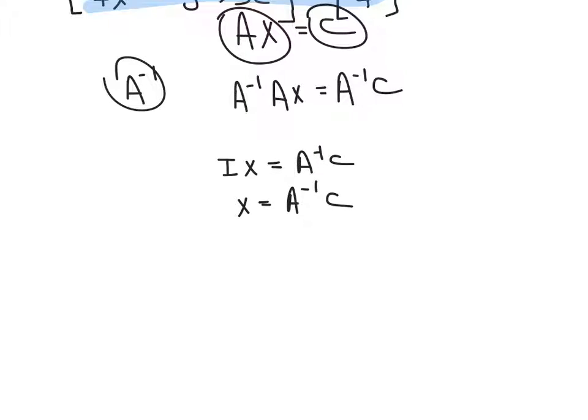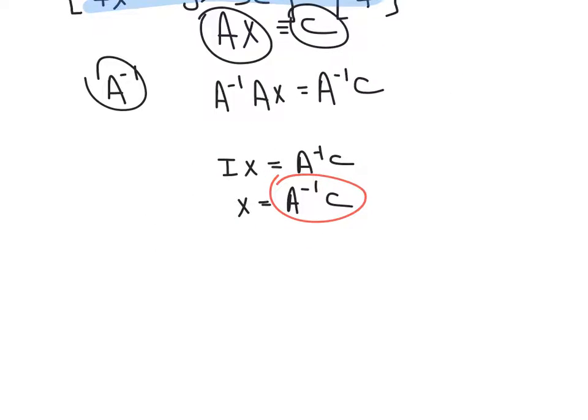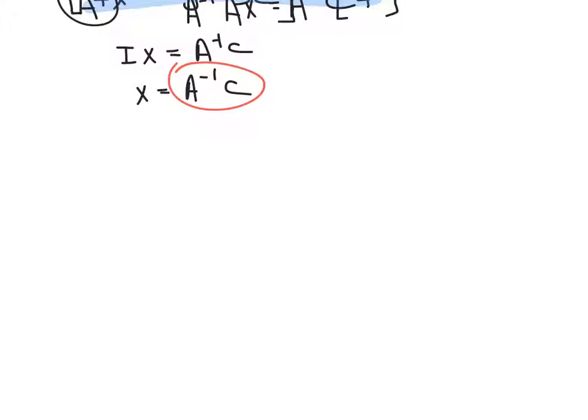The inverse of A times C. Well, the inverse of A means that we take our original problem up here, which is right here, we find the inverse, we multiply it by C, which is this column here, and that will give us our X, Y, and Z answers. So that's what we're going to do here. That was just the proof of coming up with this equation that we're going to use in order to solve these things.